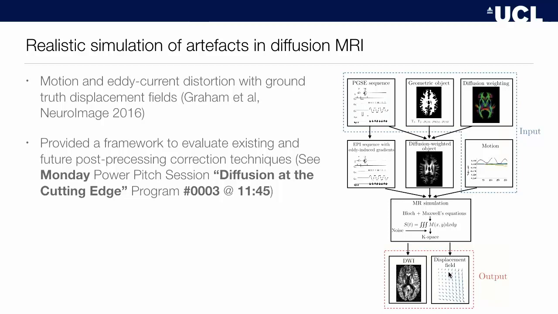So with this ground truth, we have a very rigorous framework to evaluate those techniques. He's going to present in a Monday power pitch session in Diffusion at the Cutting Edge, the results of using this full framework to evaluate many of the available open source tools for these methods. So you might find that interesting.